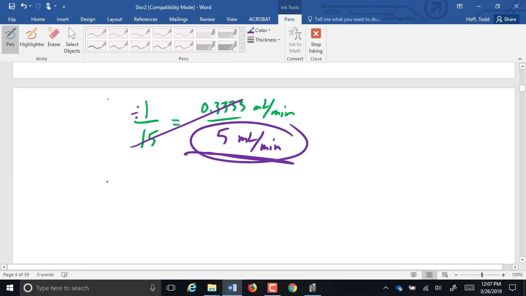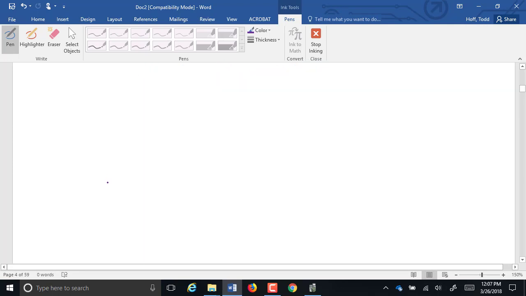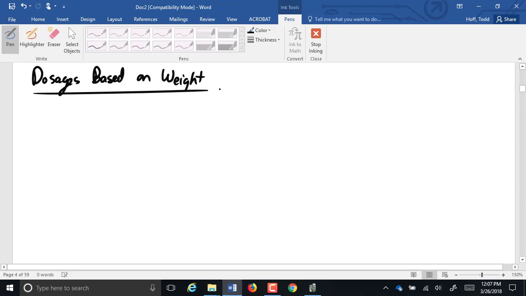Okay, so then the last thing I want to go over today is I want to take some more time to look at dosages based on weight. And we've mentioned several times, and I hate to keep picking at it, but it is an issue.